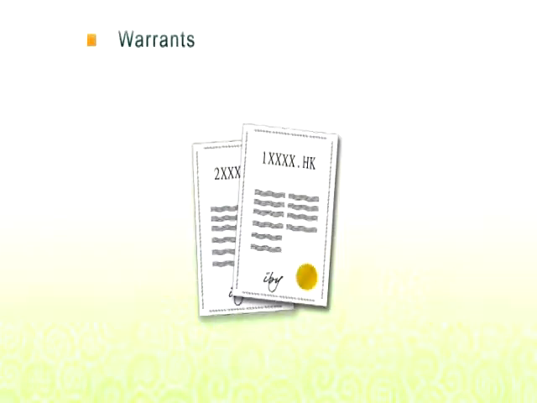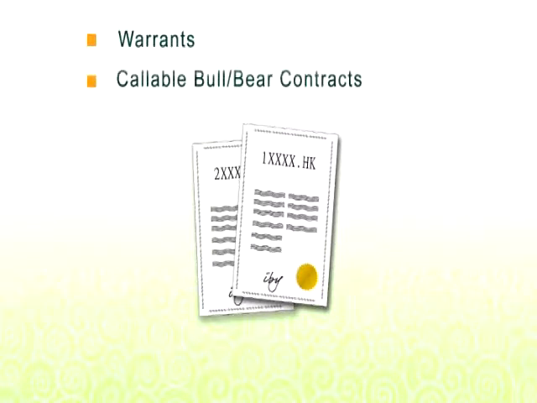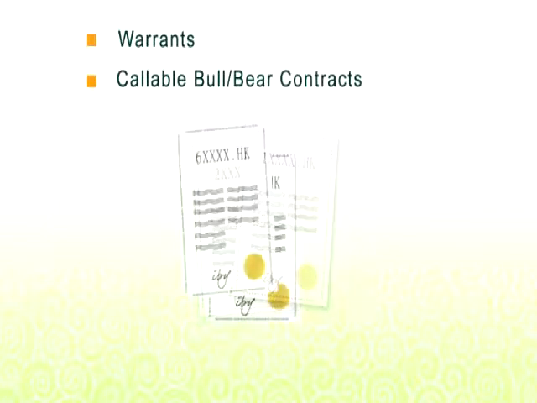Derivatives available for trade in the stock exchange include warrants; securities listed in the stock exchange with security codes starting with 1 or 2 are warrants. Callable bull-bear contracts; securities listed in the stock exchange with security codes starting with 6 are callable bull-bear contracts.